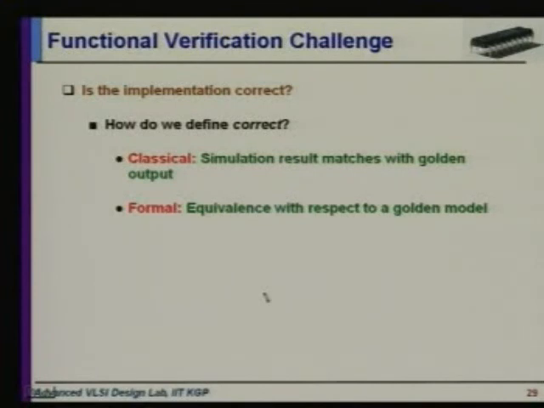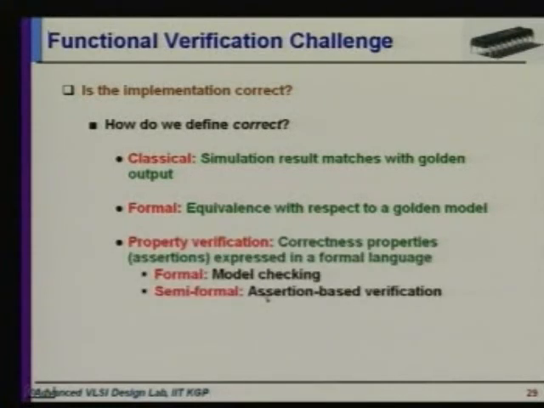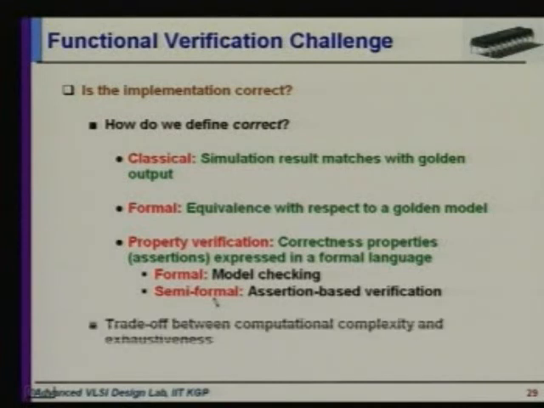More recently, formal methods have come into the design verification area, where we look for equivalence with respect to a golden model, and the equivalence is exhaustive. Within that we have formal property verification, where we check certain properties of the design and make sure that they hold on the design correctly.